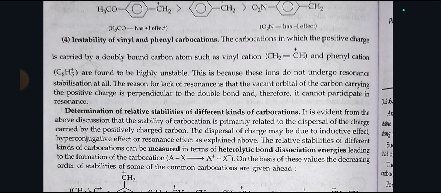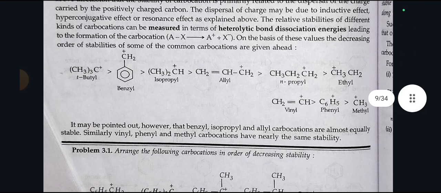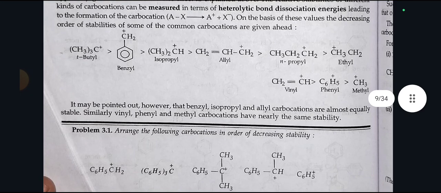The relative stabilities of different kinds of carbocations can be measured in terms of heterolytic bond dissociation energy leading to the formation of carbocations: A-X gives A+ plus X-. On the basis of these values, the decreasing order of stability of some of the common carbocations is given ahead.